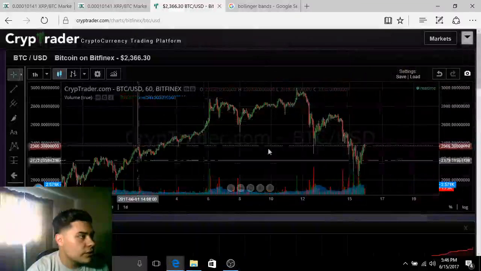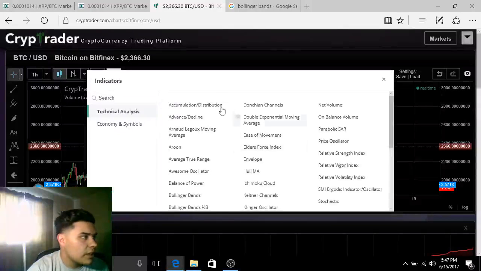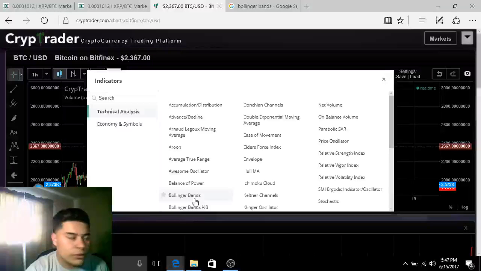So now what you're going to do is there's the tools right here, the indicators, and there's a ton of them. So there's the oscillator, balance of power, Bollinger Bands, all of these. There's the relative strength index, which is good to use, but we're going to start off simple here with Bollinger Bands, okay? So we click Bollinger Bands, it's now there on the chart.